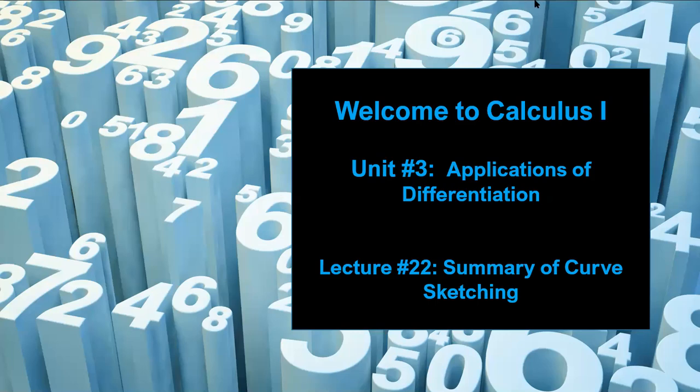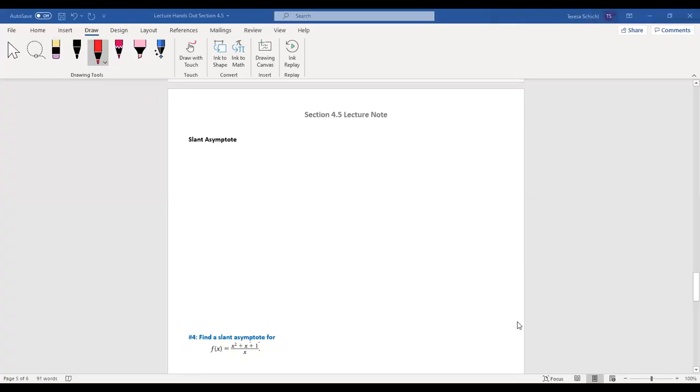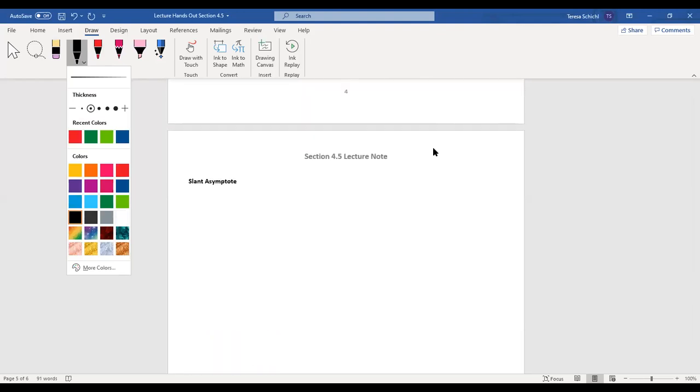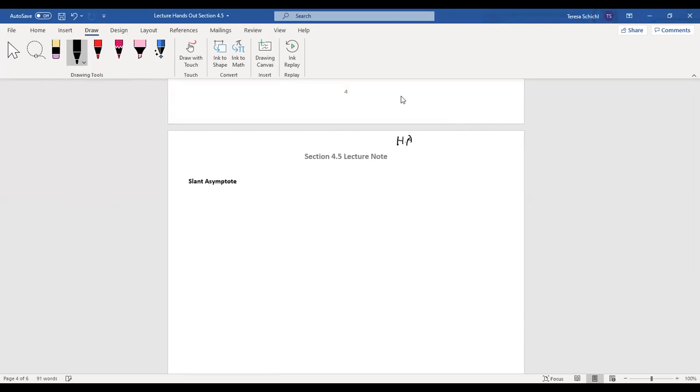Okay, let's go to our lecture handout to see. Let's take a look. What are the slant asymptotes? From the previous graphs, we talked about the horizontal asymptote.